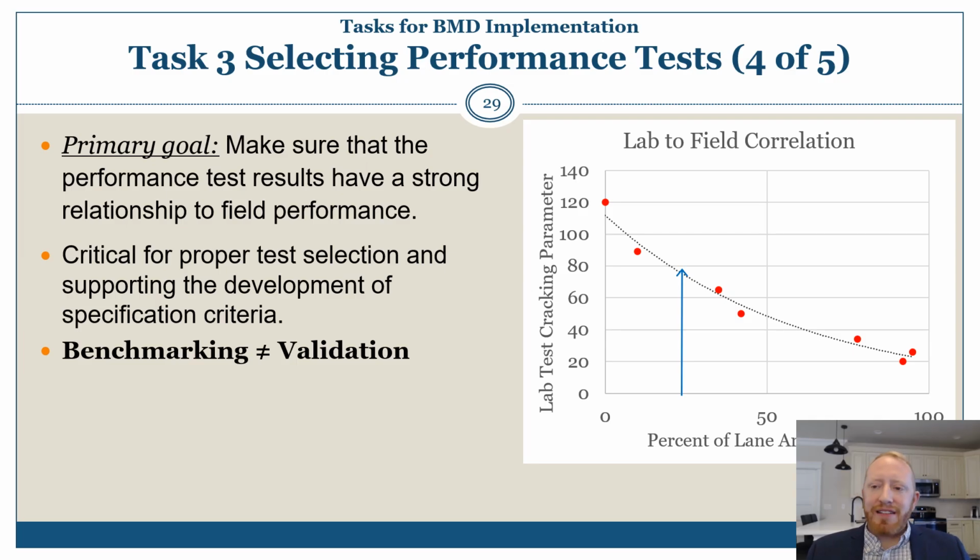And then finally in task 3, the major thing here, and it's so major with BMD, is to make sure that whatever these mechanical or performance test results give you, they have a strong relationship to actual field performance. And why is this important? This is important because when you go to pick a number, criteria development, what's going to be the difference between passing and failing?